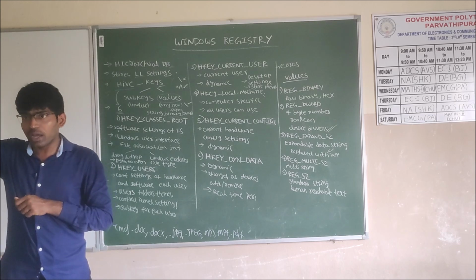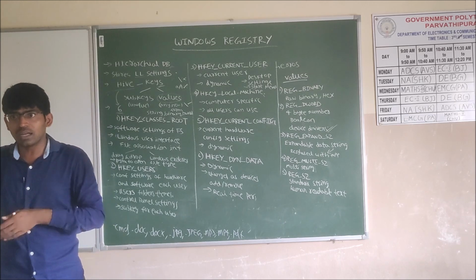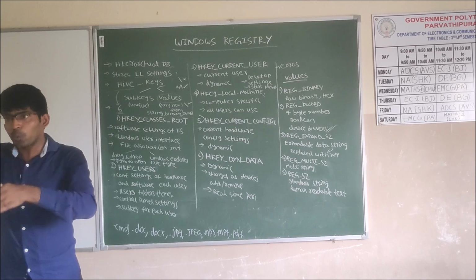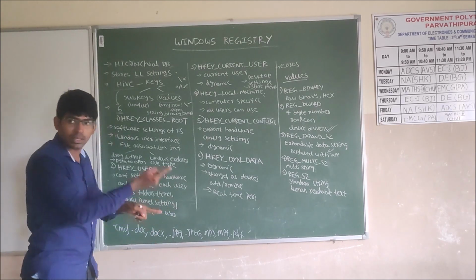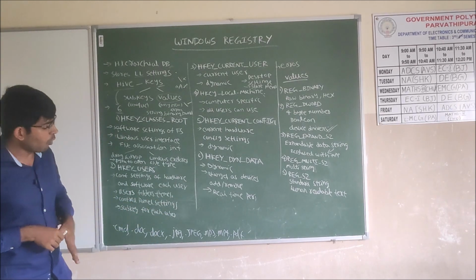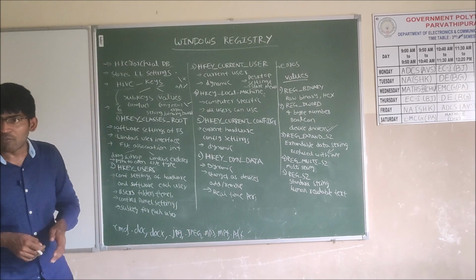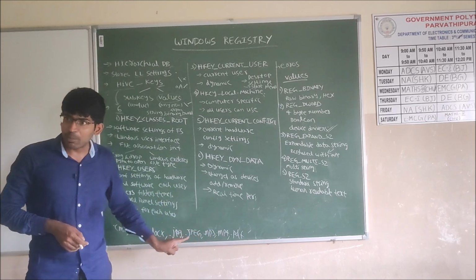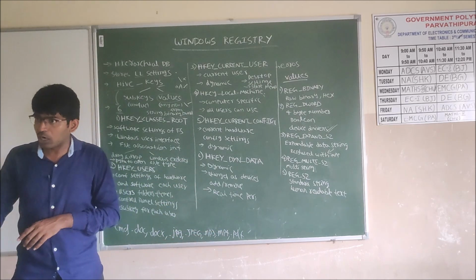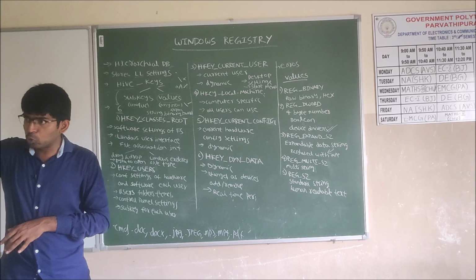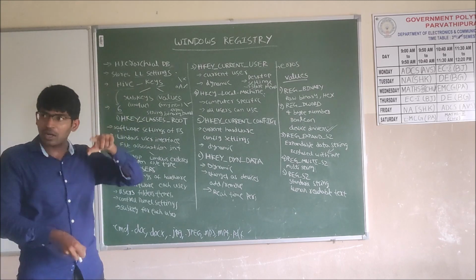In that folder, we have the value. That value will tell us that by using this program, we can open the .docx file. Whatever file formats we have listed here, whenever we want to open files of this type of extension, the related program value should be there in that particular key.